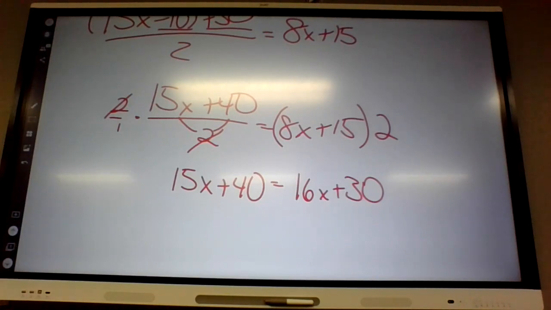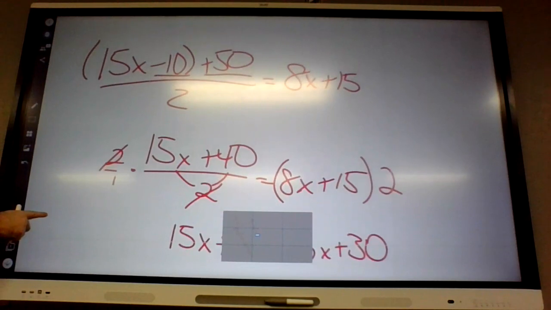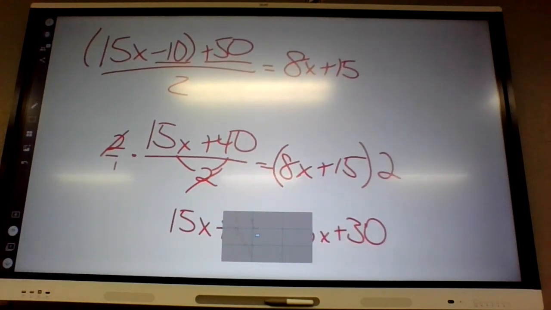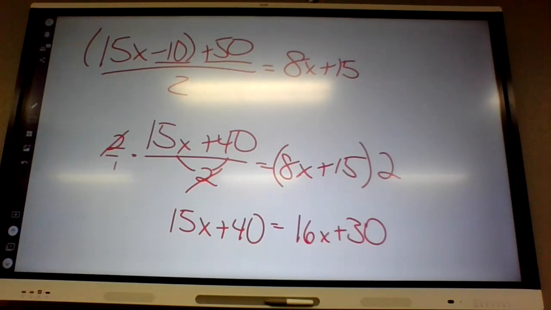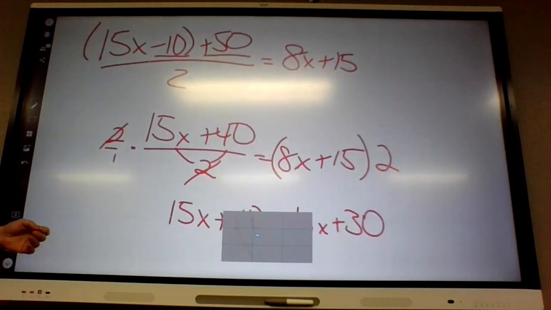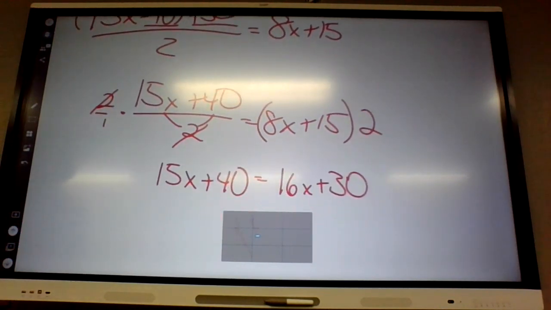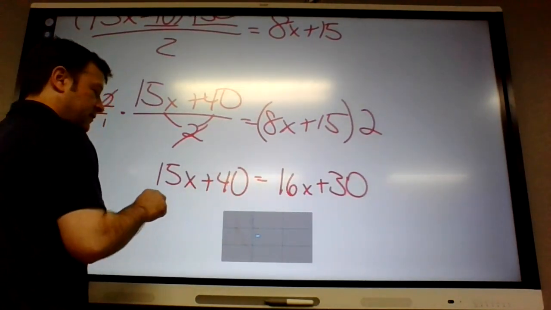Can you scroll back up just a little bit? So when we have x's on both sides, you want to get them off of one side, right?